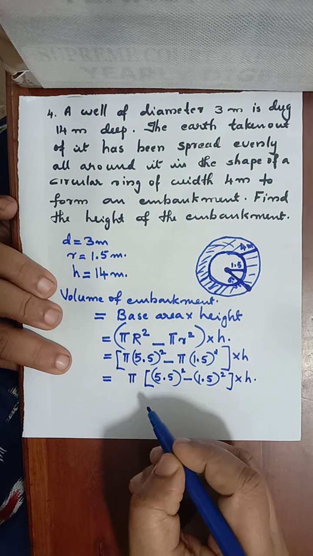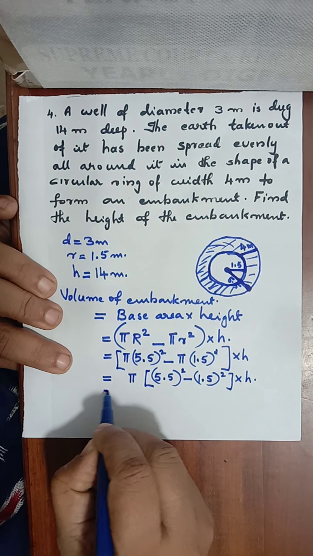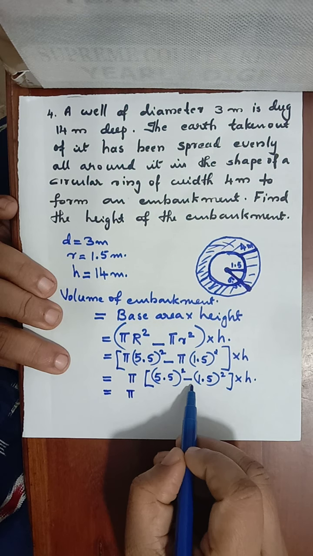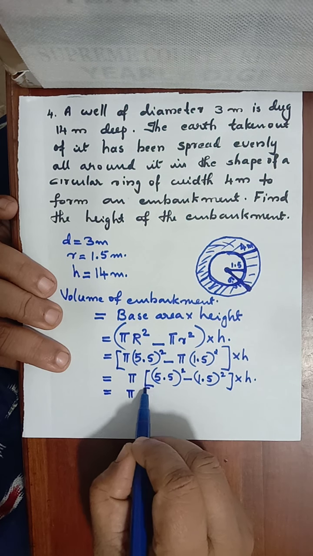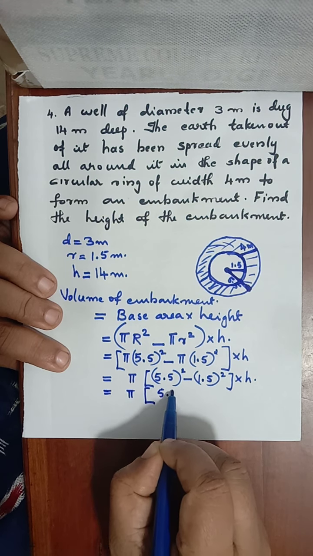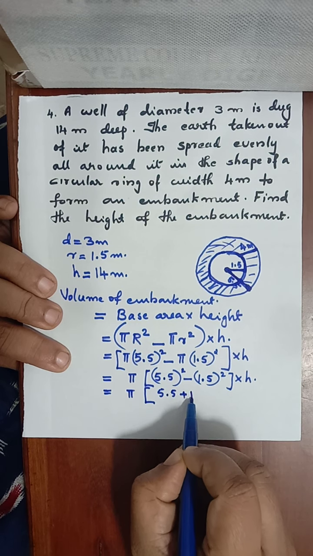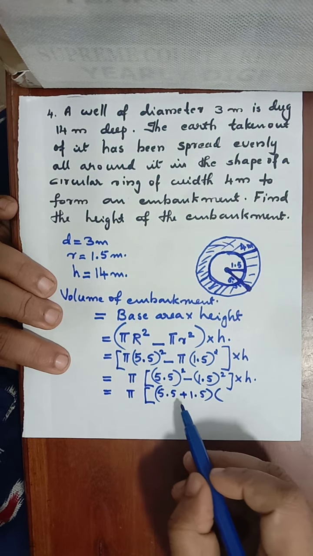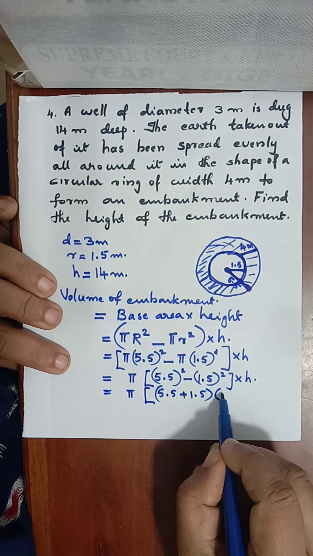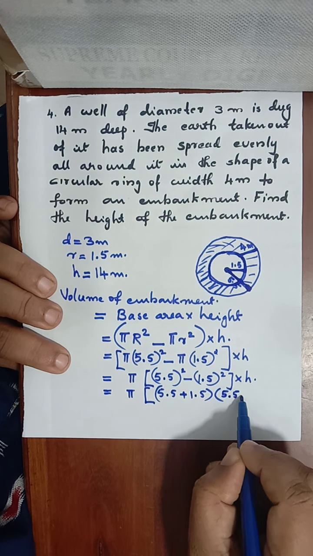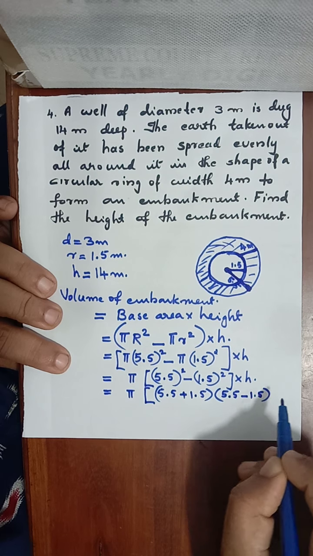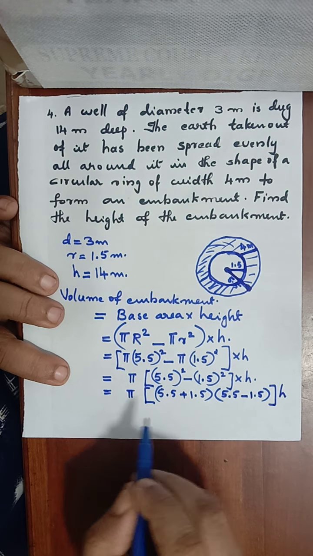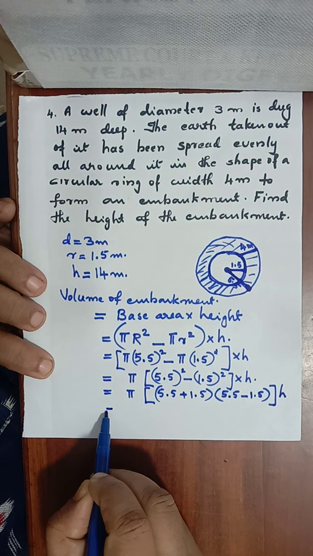Pi later we will substitute if necessary. Isn't it like a square minus b square? A square minus b square is a plus b into a minus b. So 5.5 plus 1.5 into 5.5 minus 1.5, into h. By seeing this question, don't worry children, this is simple.